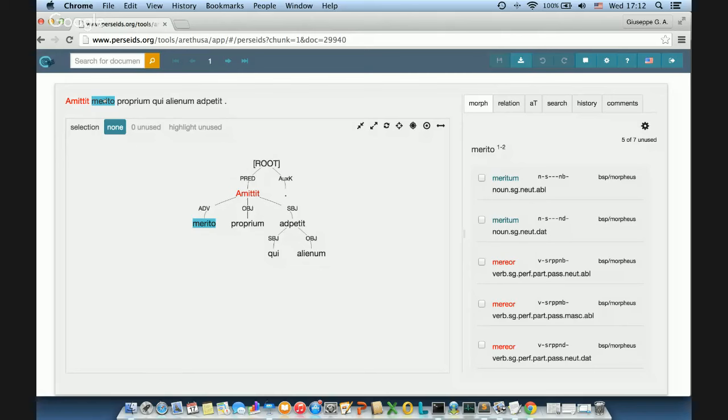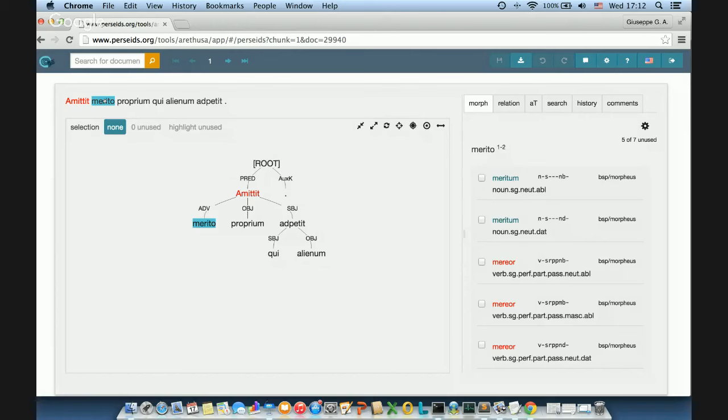For example, if I read amittit, meaning again loses, I would expect to find a subject, the person who loses something, but at the same time, I also expect to find the object. So because someone loses something, I would expect to find a nominative and an accusative at least.